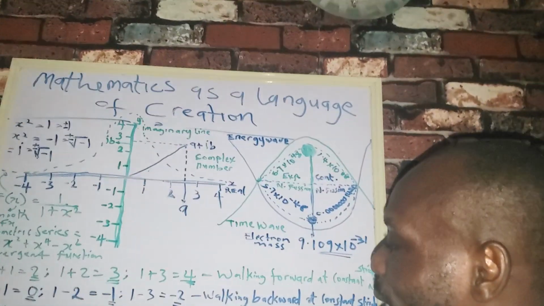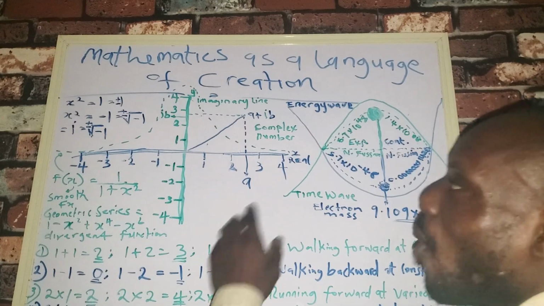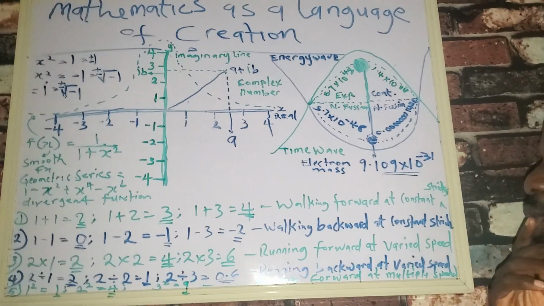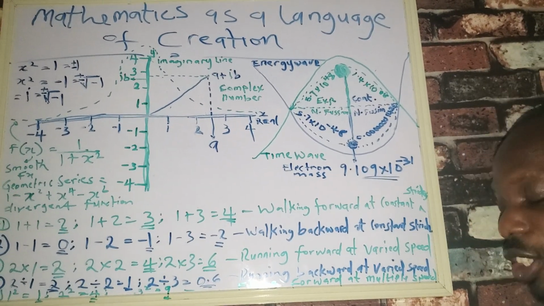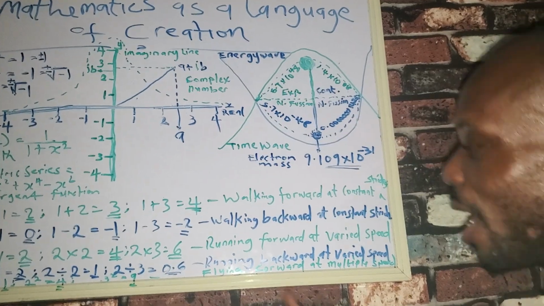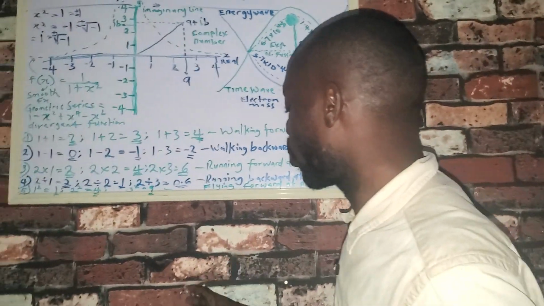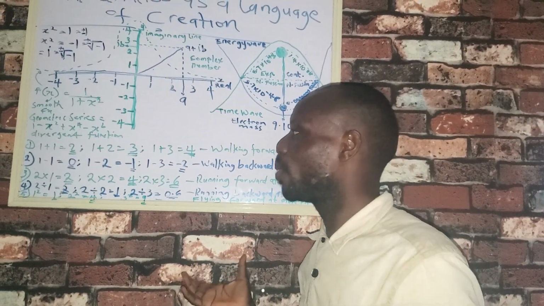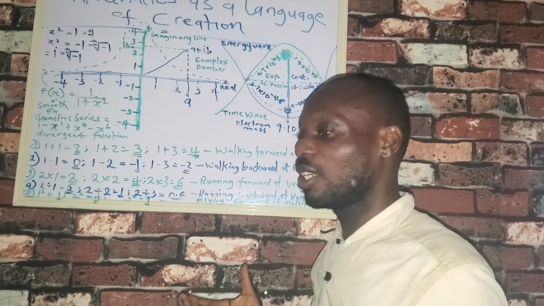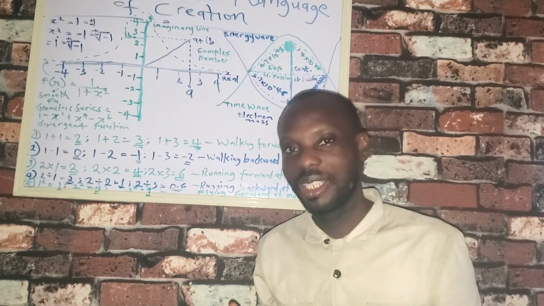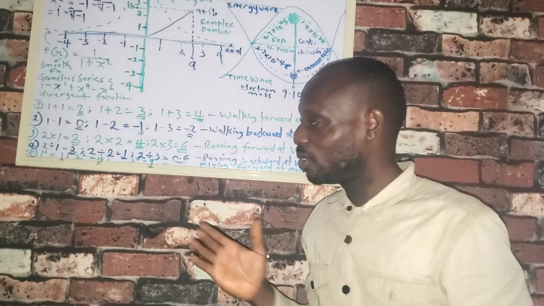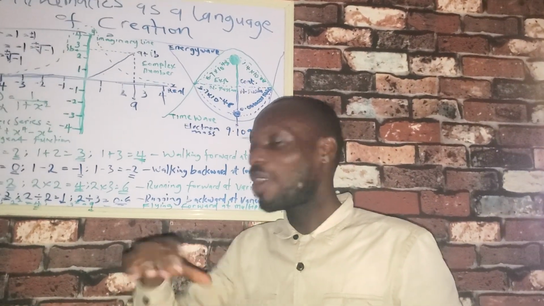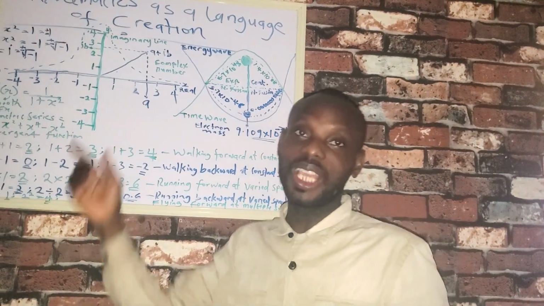A typical example of that is at the quantum level, where we have quantum tunneling. Quantum tunneling is a situation where a particle disappears and reappears. If you have a barrier, a quantum particle can travel through the barrier and reappear on the other side. When we have that kind of situation, we don't know how to really explain it intuitively, because there is no way we can be certain that the particle that disappeared is the same one that reappeared on the other side.